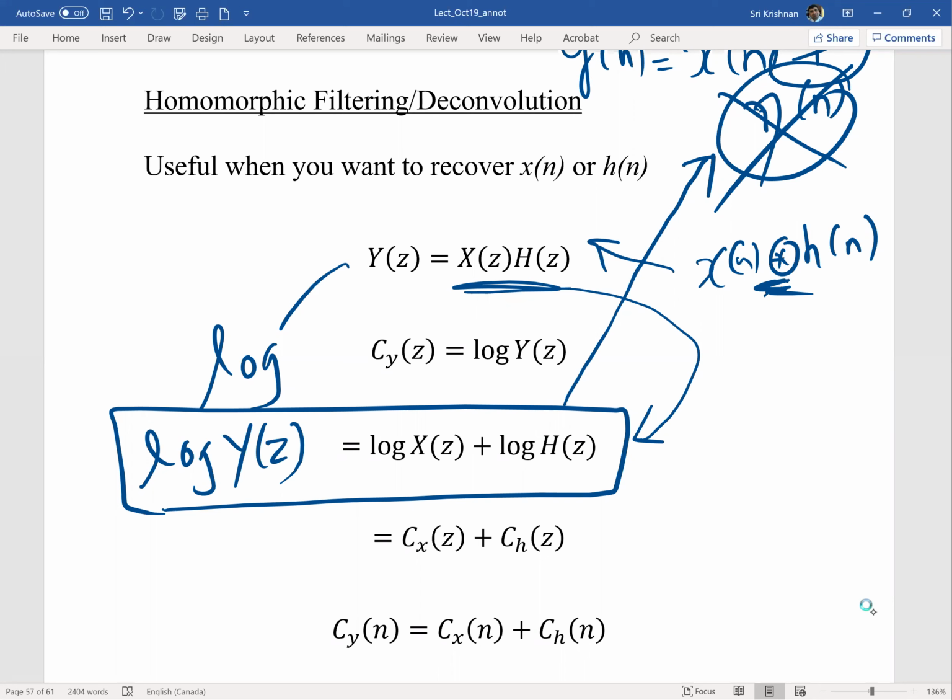When we come to this level, you have to remember the major difference: so far we have dealt with X of z and H of z without any issues. We know it's a complex quantity, but here the only difficulty mathematically, though log might sound like a simple operation, is that we are doing a log on a complex quantity. Log Y of z is obviously a complex power series.